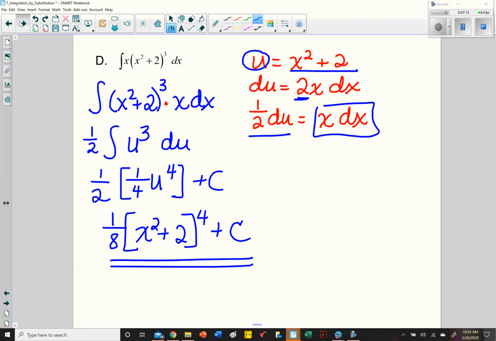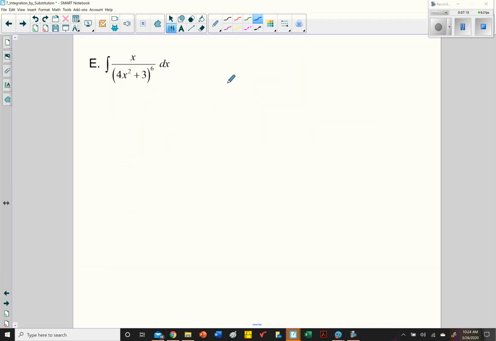2 more on this example. Part E, in this case, it's usually something in the ugliest part. In this case, it's in the denominator. If we use the denominator, 4x squared plus 3 as our u, the derivative is 8x dx.